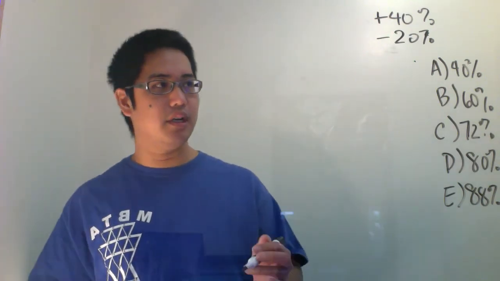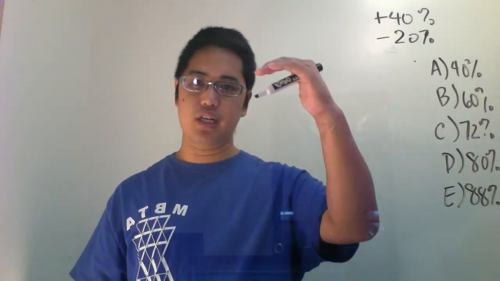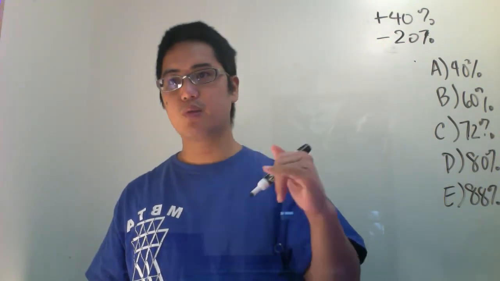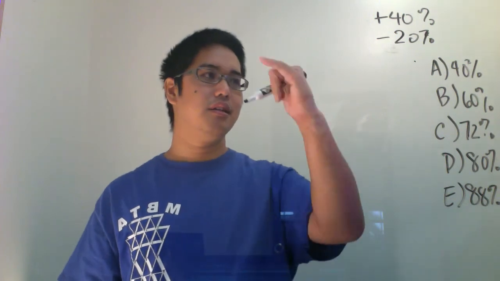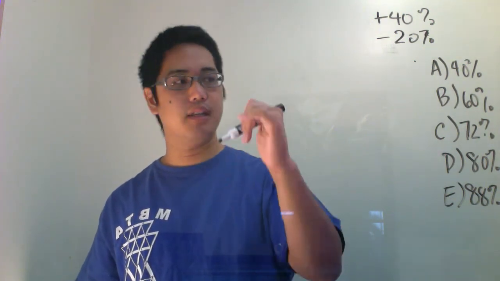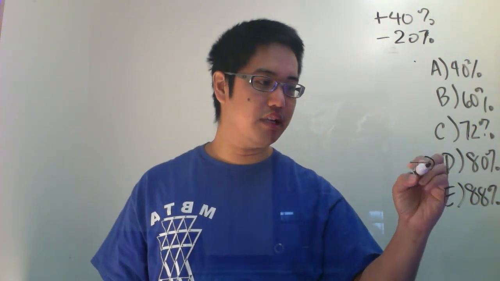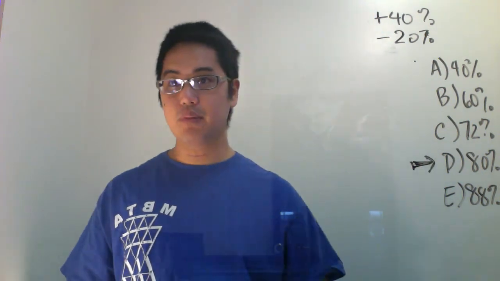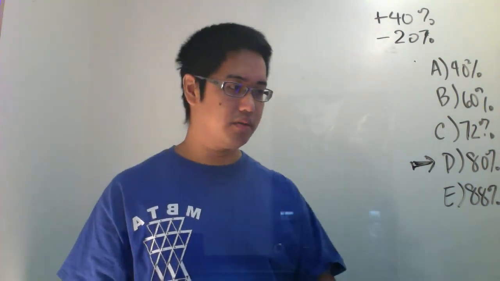Okay, so let me just show you what the obvious answer is that's wrong. The obvious one is if you start off with 100%, then you go down 40%, and then you go up 20%. Start off 100, go down 40, that would give you 60. Up 20, that gives you 80. This would be the initial choice for everyone. And it would be wrong. Totally wrong.